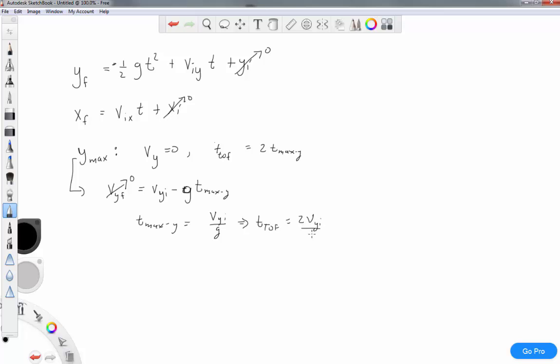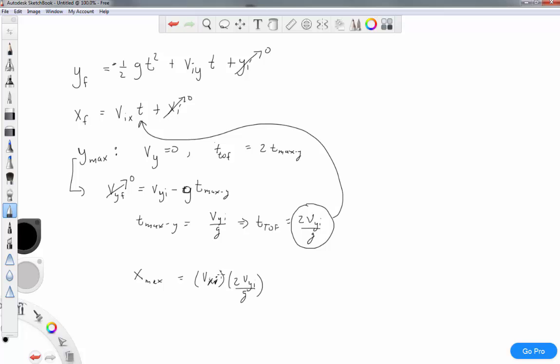Okay, so now we can substitute this expression right here into our expression for the range, basically. And what we end up finding is that the range, or the x max, is equal to v ix times 2 v iy over g. So this should probably say xi to be consistent.